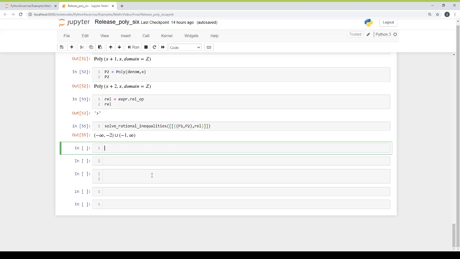Let's do another example of univariate inequality, that is an expression which contains only one variable.